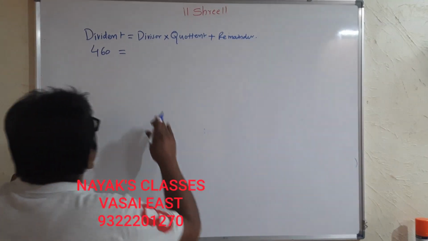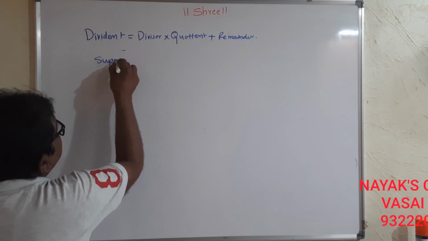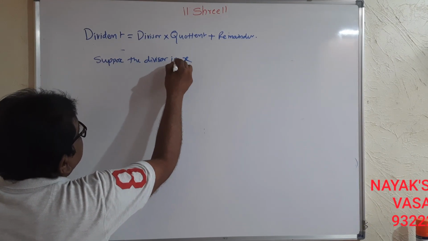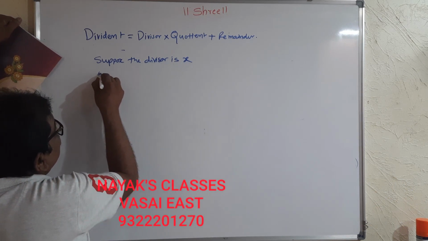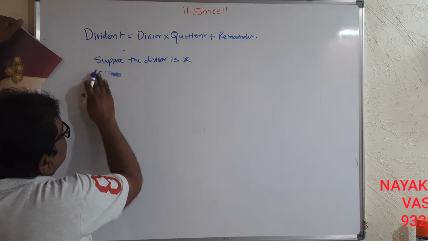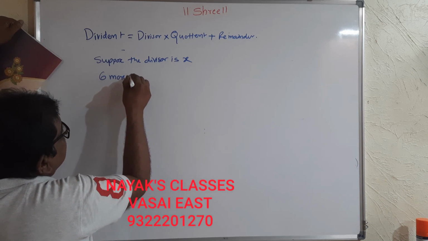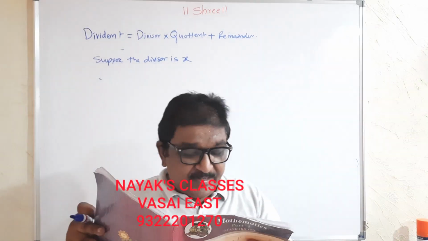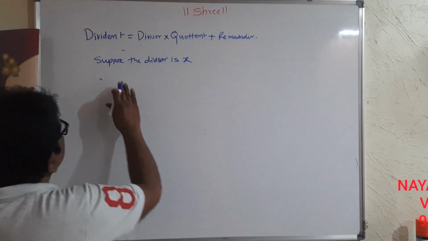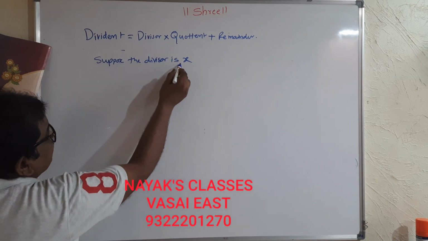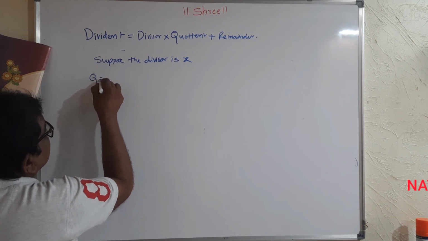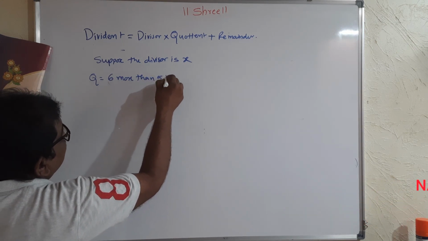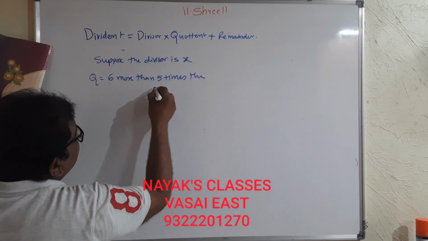So suppose the divisor is x. Then the quotient is 6 more than 5 times the divisor.